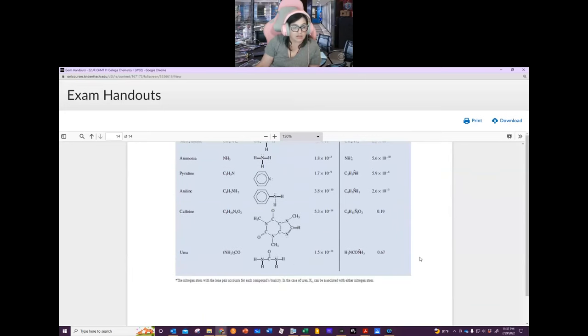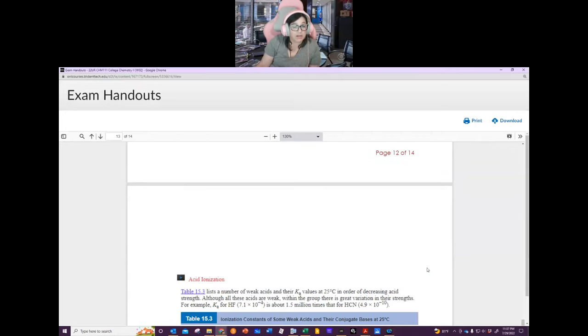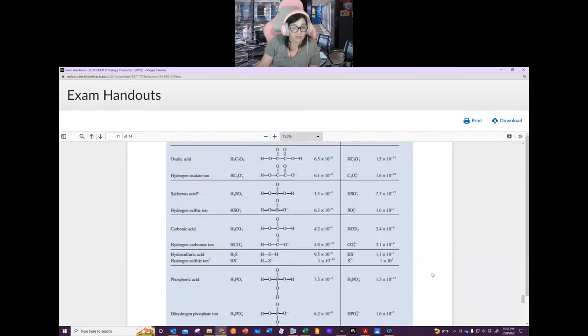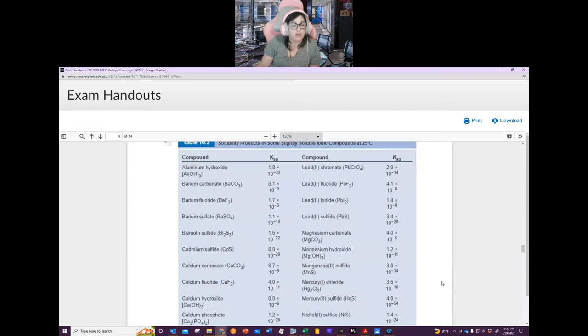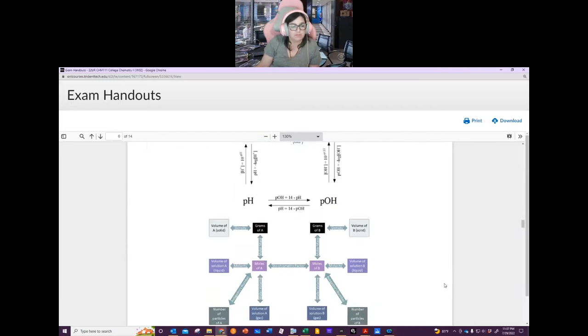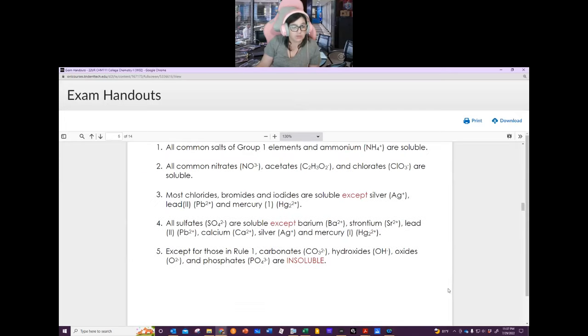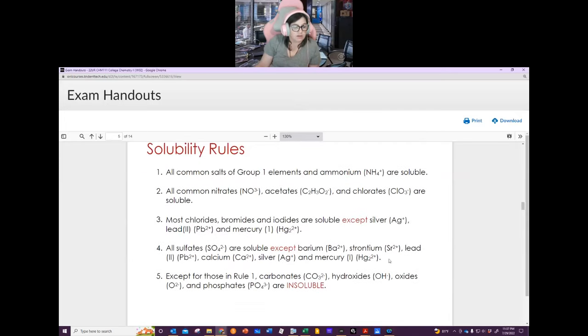I don't see it in my strong acids. I don't see it in my strong bases or weak bases. And so I might be like, I don't know what to do here. But what I'm going to tell you is let's go and look at our solubility rules.